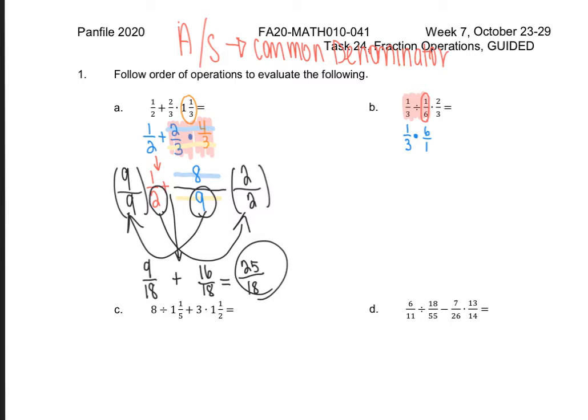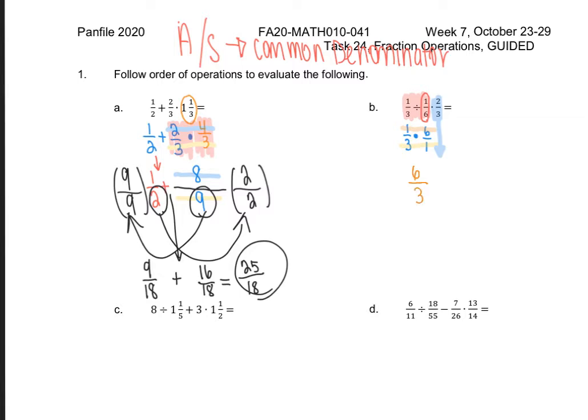I'm going to write my answer down below it, because I still have that second part of my problem here, this times 2/3, and I'm going to drag that down. So 6 times 1 gets me 6 over 3 times 1 gets me 3.